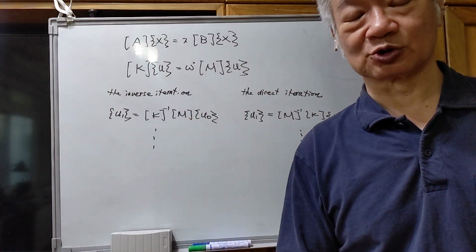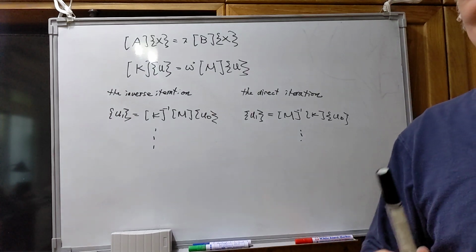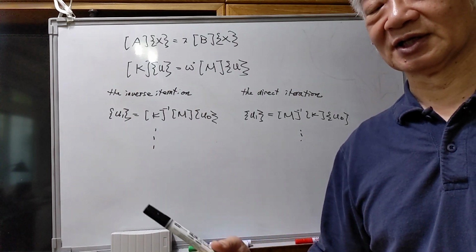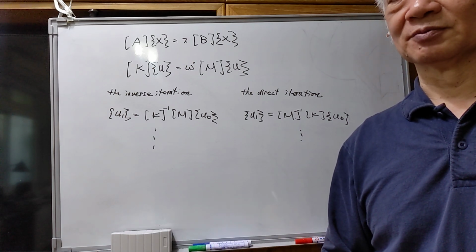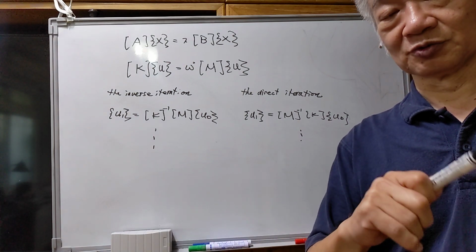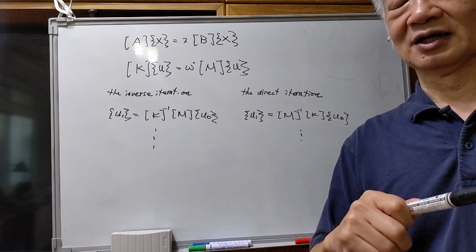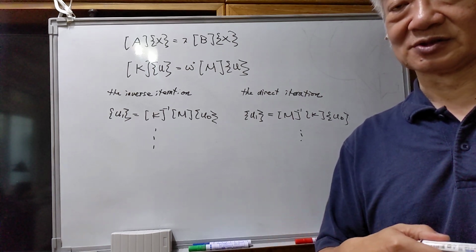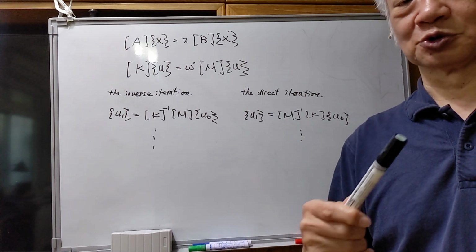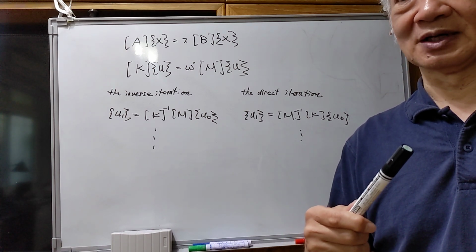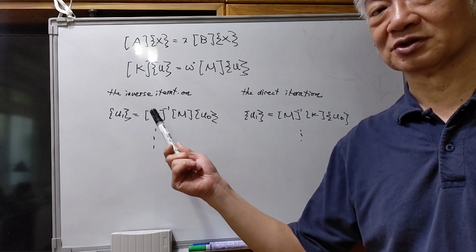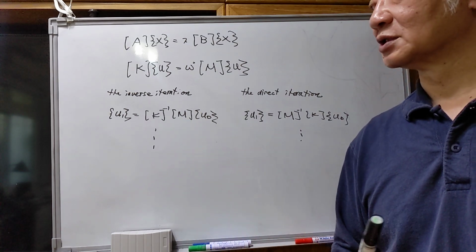If you learn the structural dynamics, you know there is one method to solve the problems, which is the modal analysis. If we use the modal analysis, usually we just choose the number of the mode shapes to consider. Usually they are much less than the number of the dimensions of the problems.